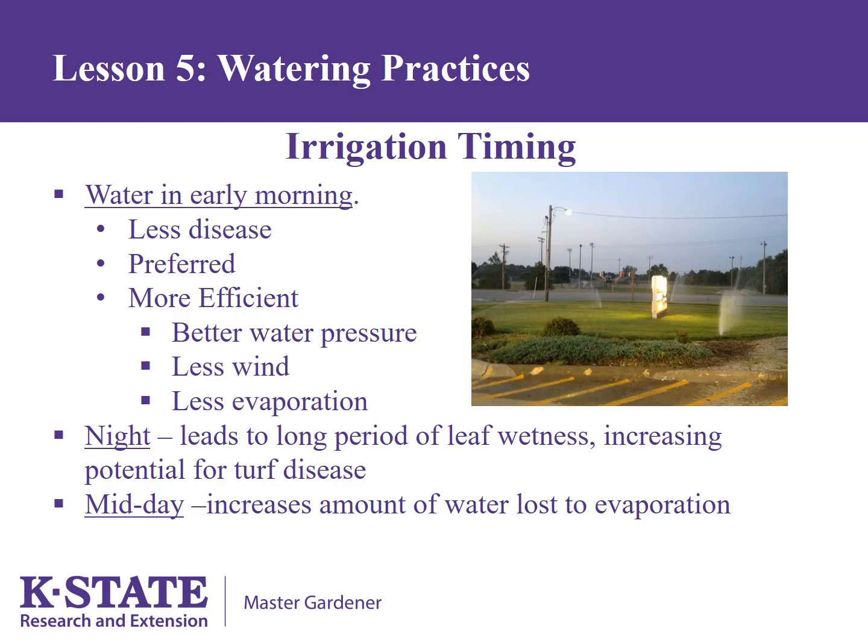Early in the morning, you're going to have the best water pressure and less wind. Notice I said less, not no. For Kansas, it's less wind, not no wind. And then less evapotranspiration, because there's not as much wind at that time and it's not as hot at that time.